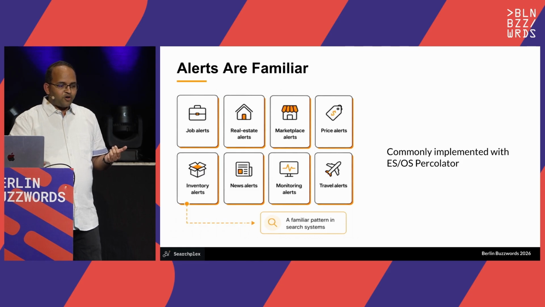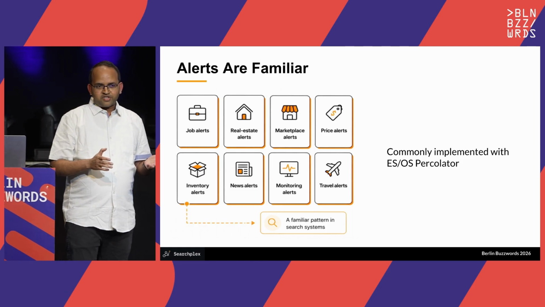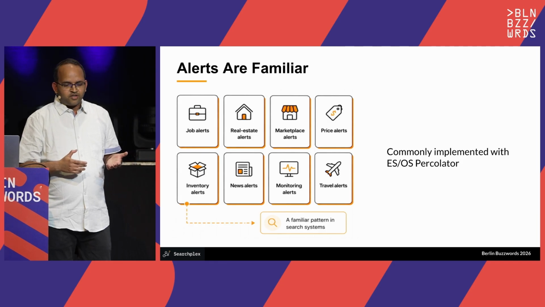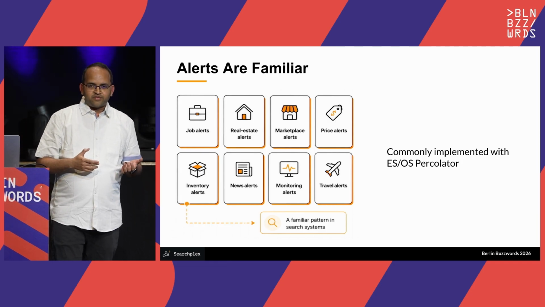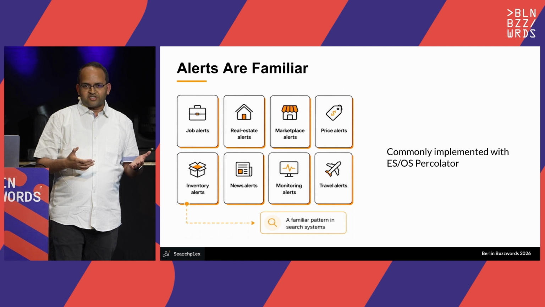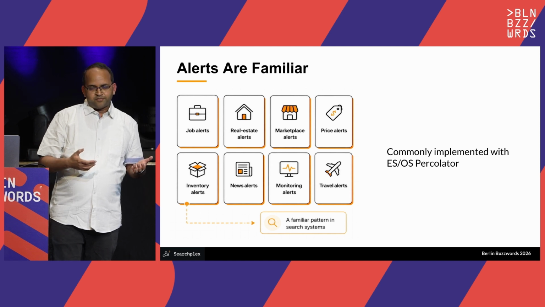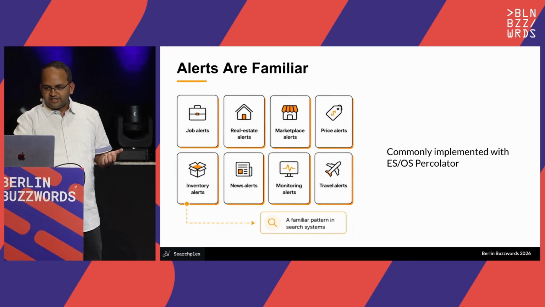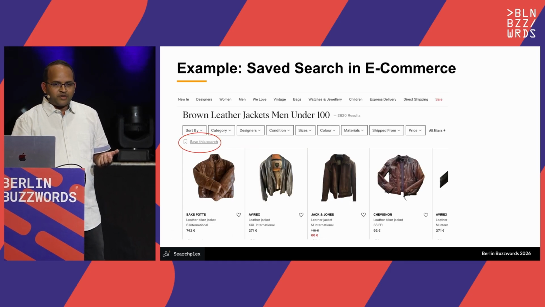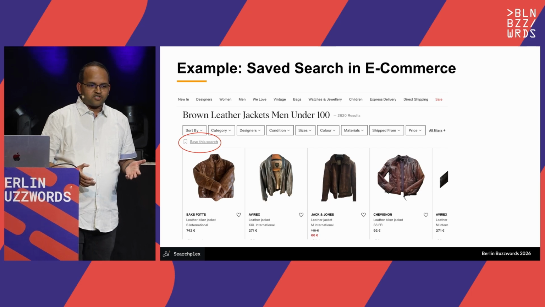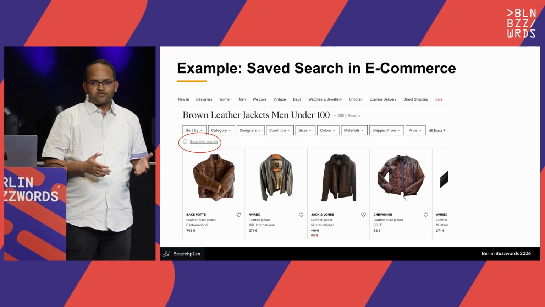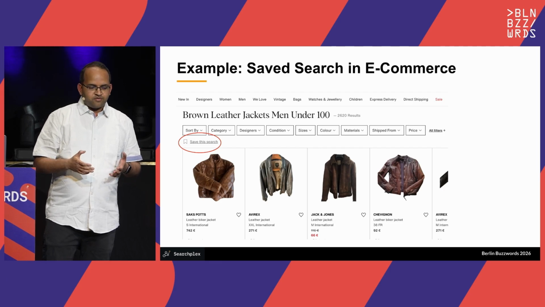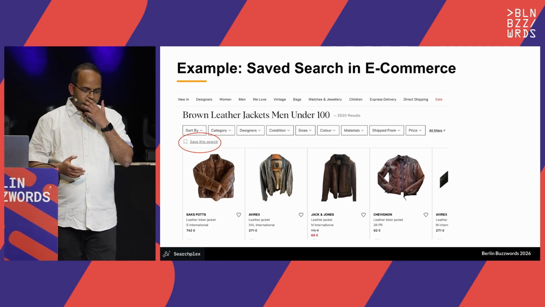So alerts are familiar, and those who have been building search solutions and alert systems would be very familiar with how that's done with Elasticsearch or OpenSearch Percolator. It's very common to use that. But in this specific talk, I'm going to focus more on saved searches for e-commerce and quite a few apparel shopping websites.